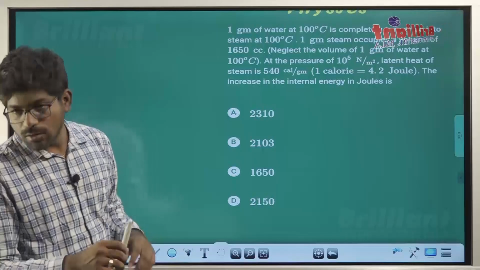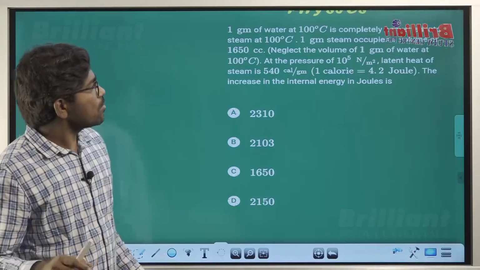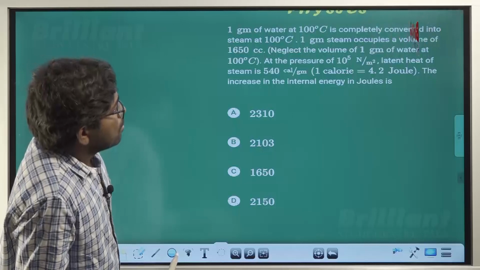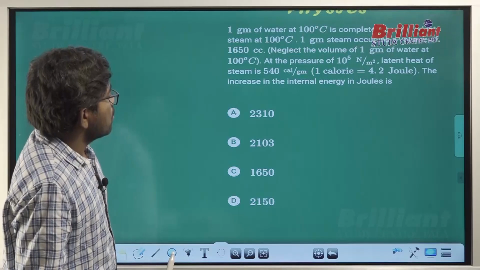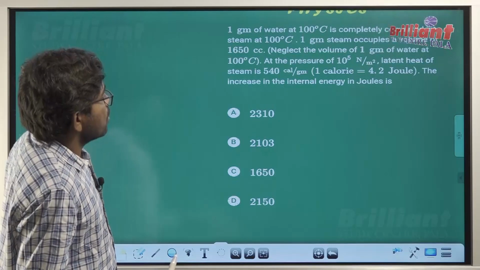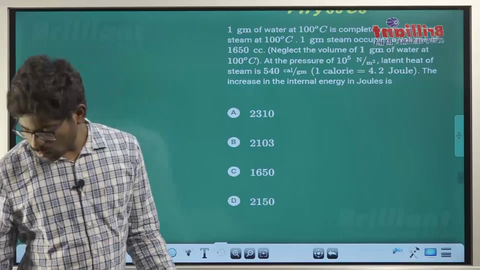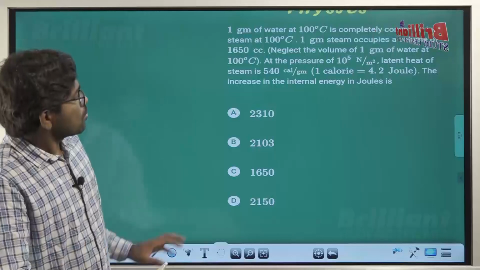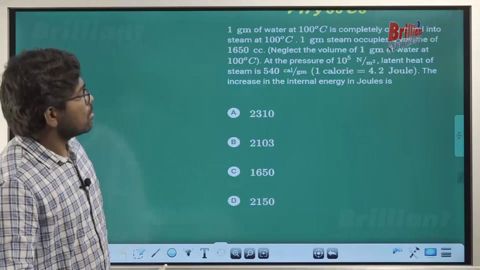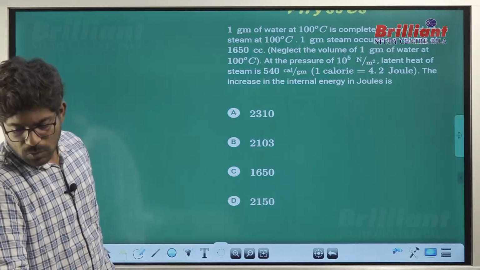1 gram of water at 100 degrees C is completely converted into steam at 100 degrees C. 1 gram of steam occupies a volume of 1650 cm cube. Question numbers are not there, just take care of that. It's 33.